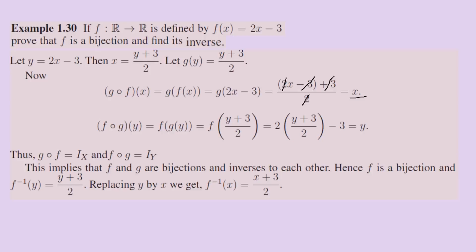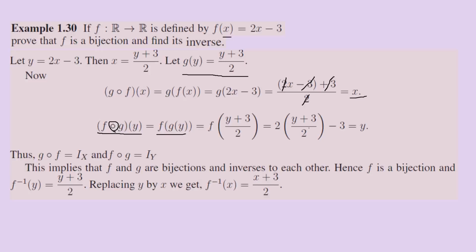Similarly, you have to find f composite g of y. Removing the composite sign, we get f of g of y. The answer of g of y is y plus 3 divided by 2. Since f of x is 2x minus 3, in place of x we substitute y plus 3 divided by 2. We get 2 into y plus 3 divided by 2 minus 3.